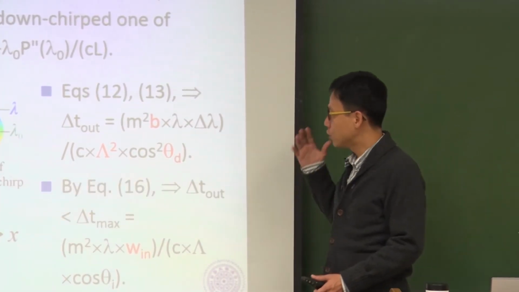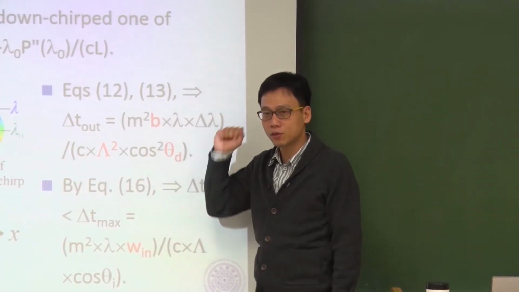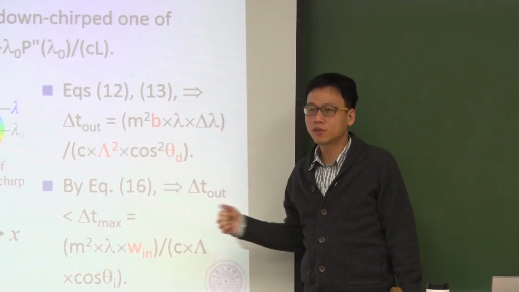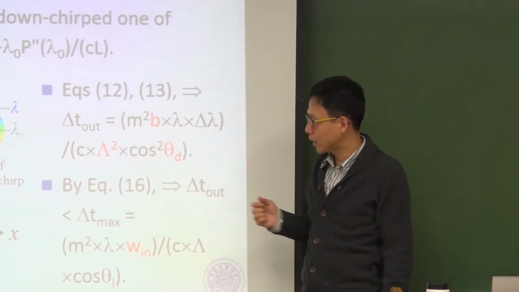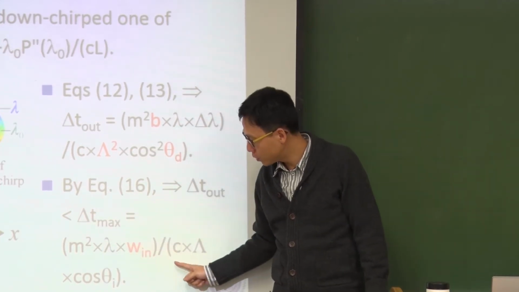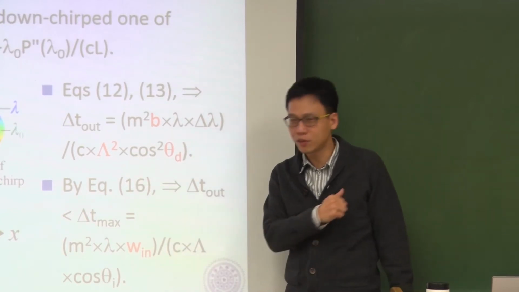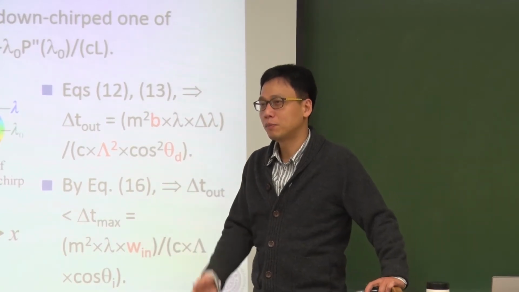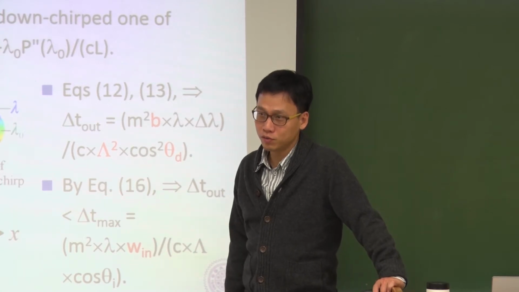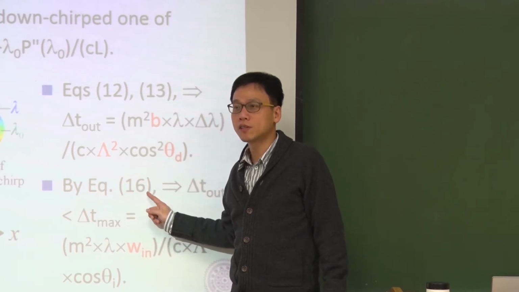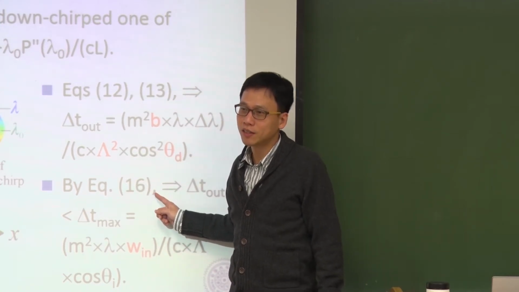Okay, and if we introduce equation 16 as we just deduced, the maximum output pulse width you can obtain is always limited by this number, which is determined by this formula. So the example I just showed you, stretching by 10,000 times, sometimes it's not possible because equation 16 is an inequality.